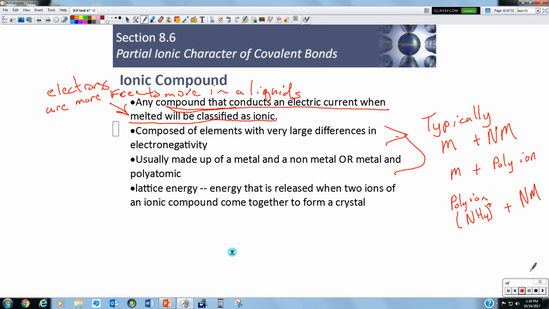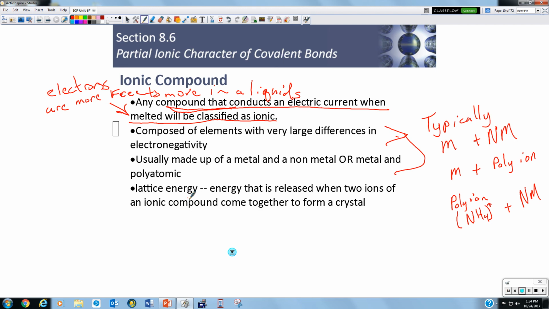So you can have different versions of it, but it's usually made of a metal and a nonmetal or a metal and a polyatomic ion. You do have a couple of positive polyatomic ions. The one that immediately pops into my mind is ammonium, which is a +1. So I guess potentially you could have a polyatomic ion plus a polyatomic ion.